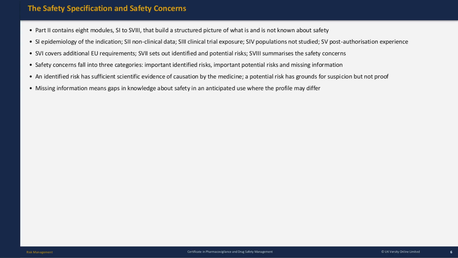SI epidemiology of the indication, SII non-clinical data, SI clinical trial exposure, SIV populations not studied, SV post-authorization experience, SVI covers additional EU requirements, SBS sets out identified and potential risks. SIV summarizes the safety concerns. Safety concerns fall into 3 categories: important identified risks, important potential risks, and missing information.